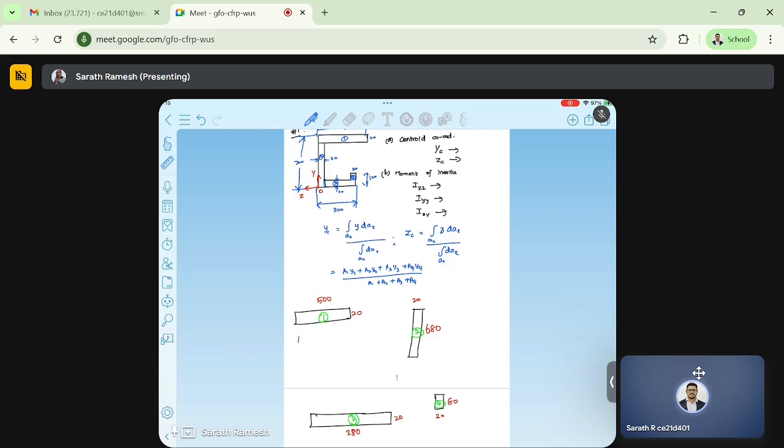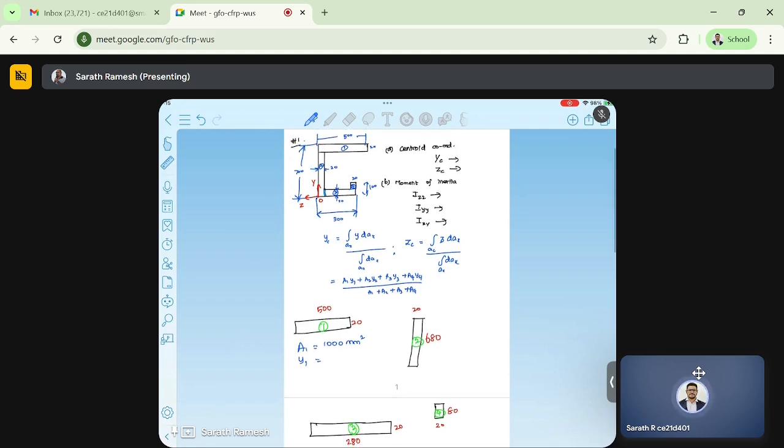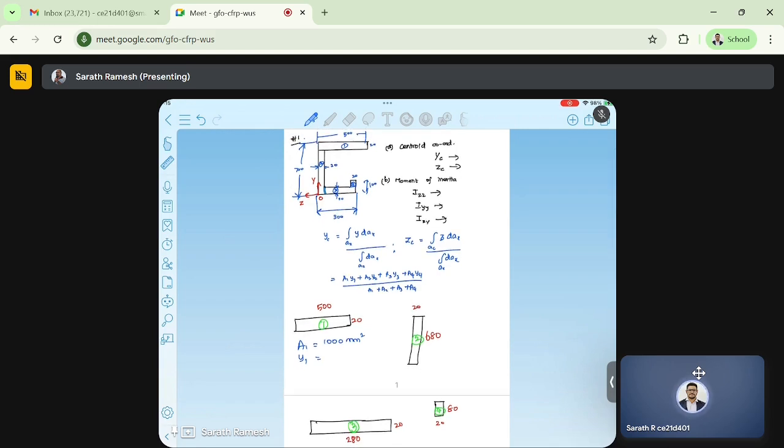Now the properties. What is A1? A1 we can compute directly: 500 into 20 is 10000 mm squared. What is Y1? Y1 is from the origin. What is the centroid of section 1? From the origin, the centroid is 700 minus 10, which is 20 by 2, so 690 above. So plus 690. What is Z1?